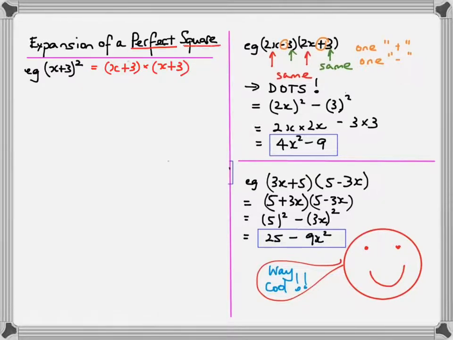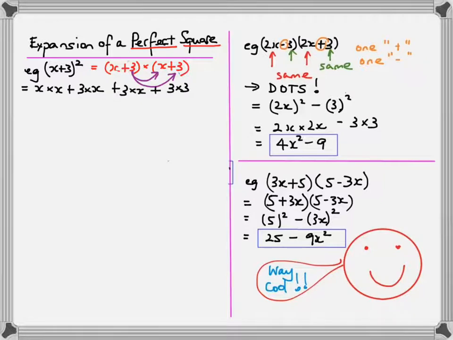Now, let's just have a go at this perfect square expansion, okay? Now, you multiply the first term in the first bracket by all of the second bracket, which we're just doing now, and then you multiply the second term in the first bracket by all of the second bracket, and we're going to do that now.